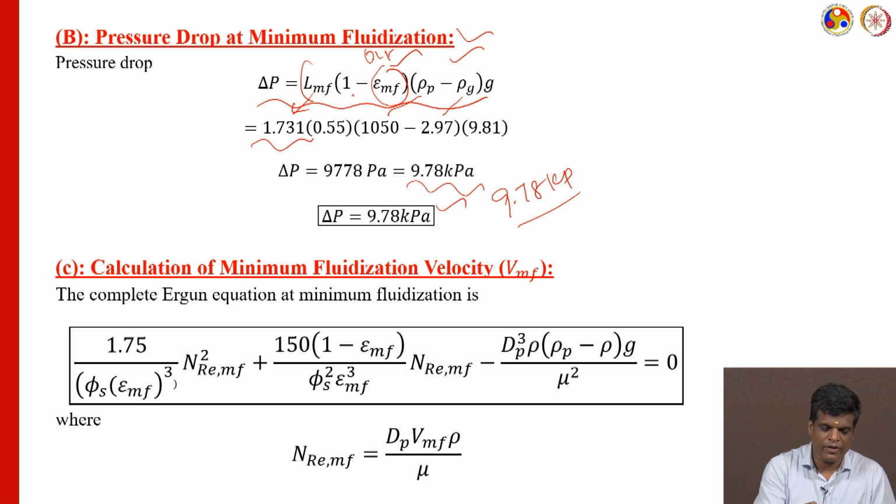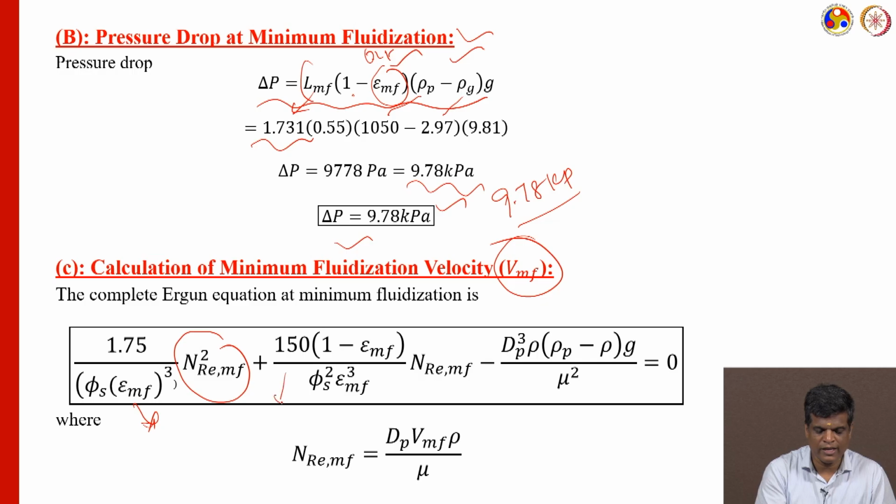So we have to calculate the minimum fluidization velocity UMF here. That is the Ergun equation. We already know the Ergun equation, but we put everything in terms of minimum fluidization velocity and minimum fluidization porosity. The Reynolds number is also at minimum fluidization here.